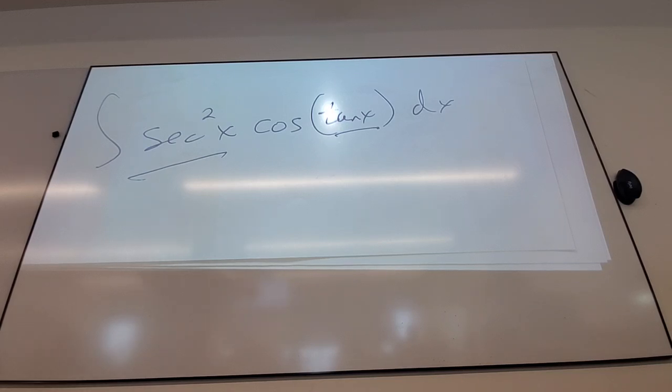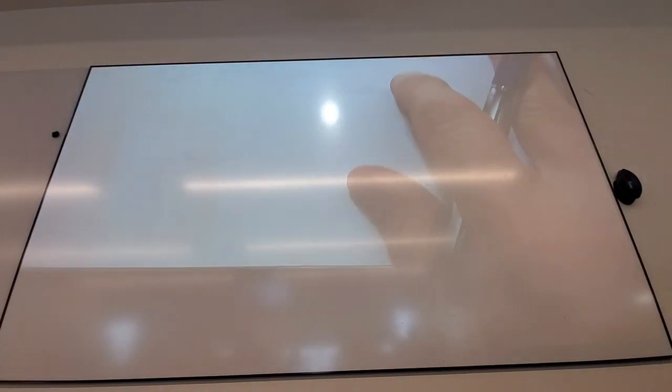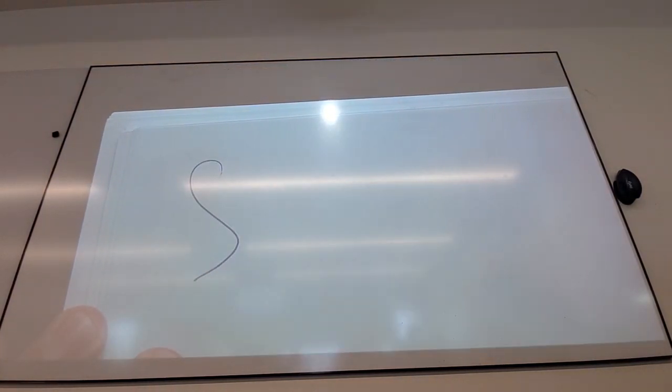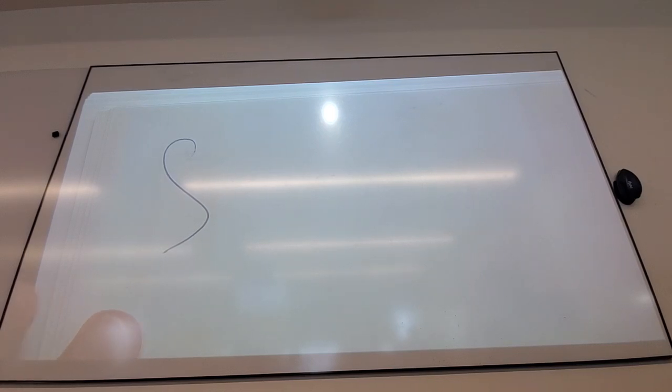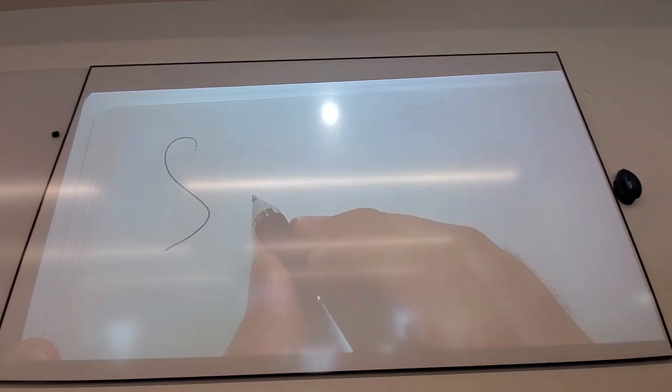Why was that an easy problem? Because the outside was the derivative of the inside and it was easy to go backwards. So anytime I see in my integral a function whose derivative is in there also, u sub might work. So for example, what if I had this?